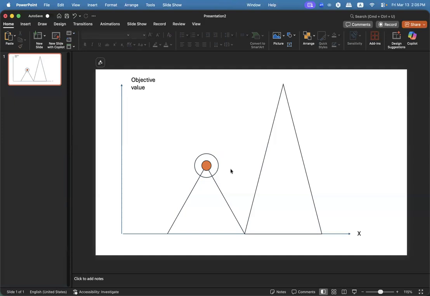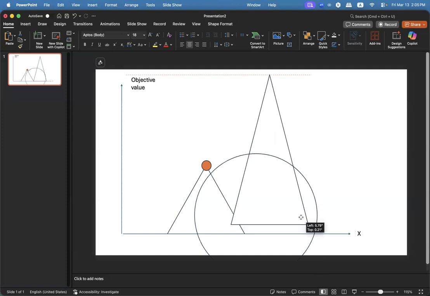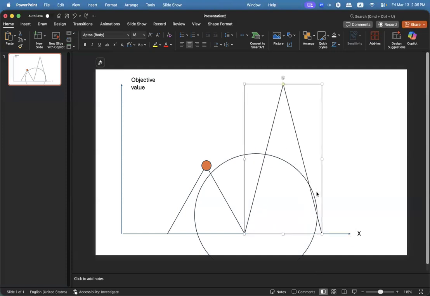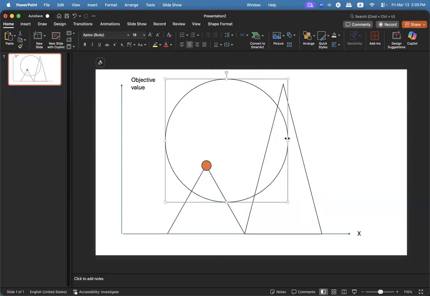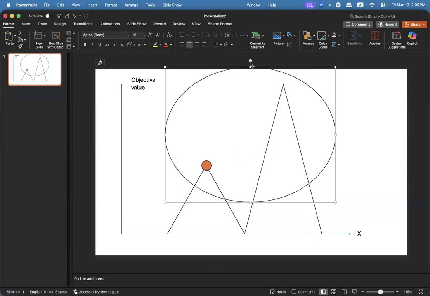As you can see here, this is the agent, and this is the eyesight of the agent. So it only sees the few points right next to it. That is also the reason why it gets stuck at a local optimal. If the agent had eyesight as good as this one, then it would know that there is a global optimal here and it should go there.